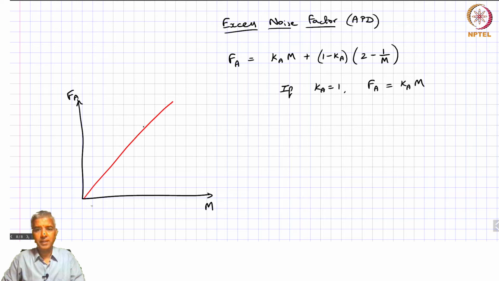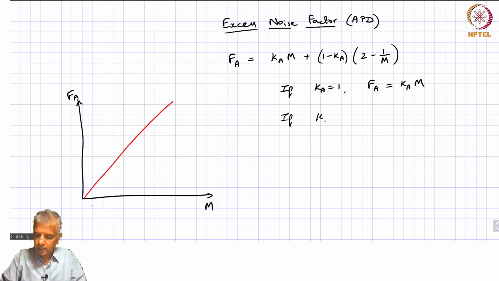Well, that tells you that whatever gain you are having from your APD, you have a corresponding noise that's coming into the picture as well. So, when you look at the signal to noise ratio, you may not be gaining much as far as this Ka equal to 1 value is concerned. Now, let us look at the other extreme.